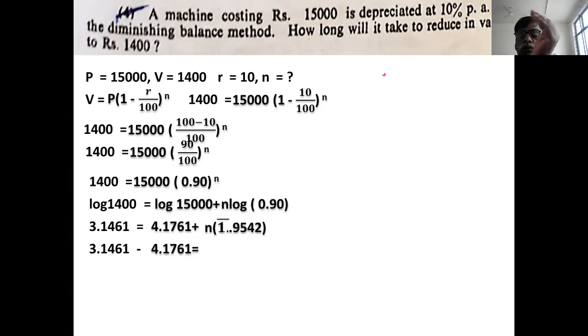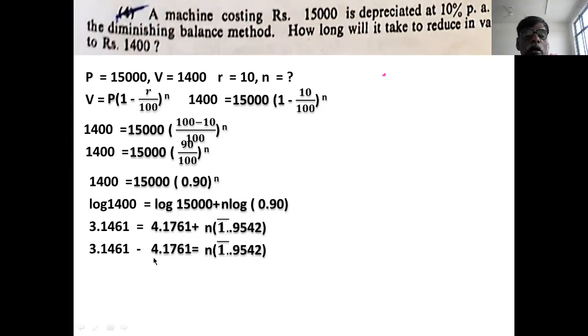Always you take this to that side, not this side. Smaller to larger side you don't take. Remember this point. In this chapter, known values you have to take on one side, and unknown value you put on another side. This is the sequence. Okay, it is equal to n in the bracket bar 1.9542.